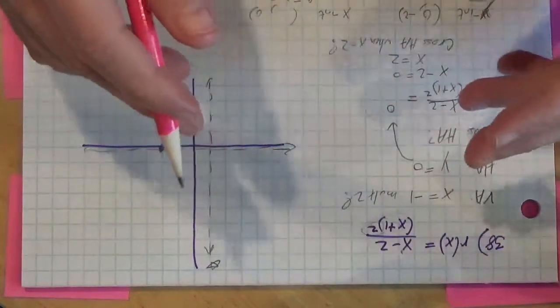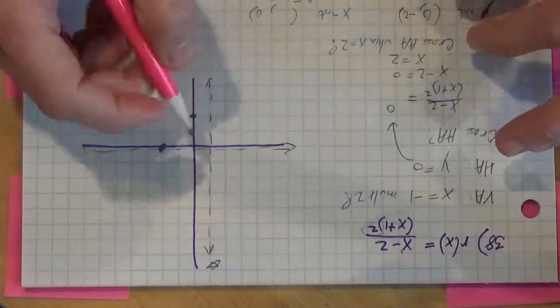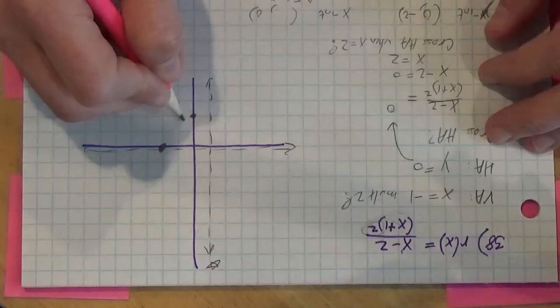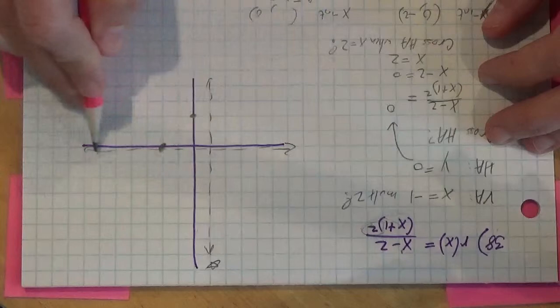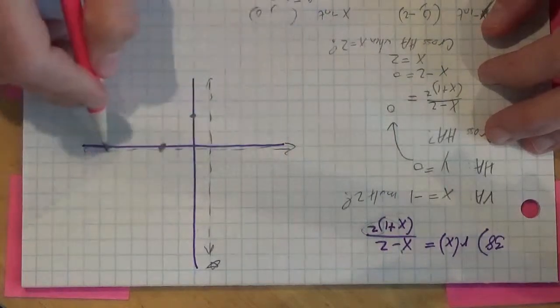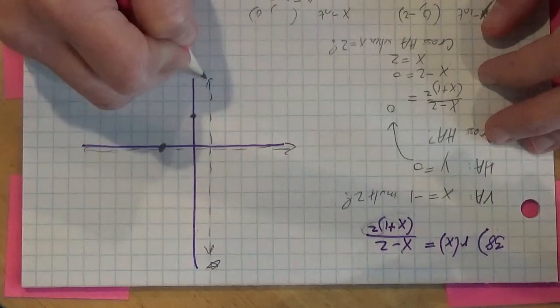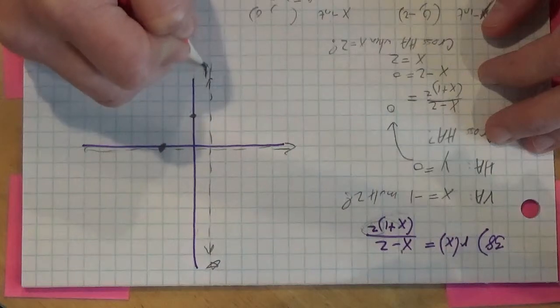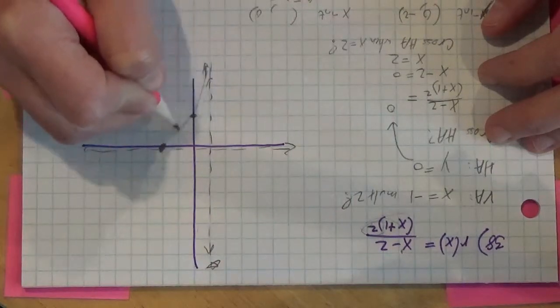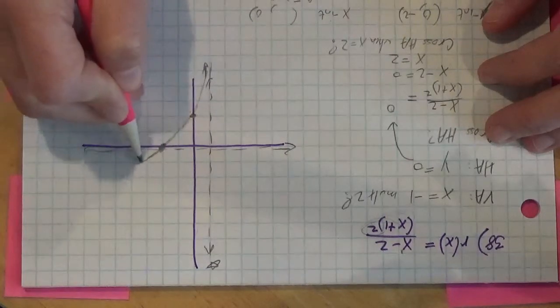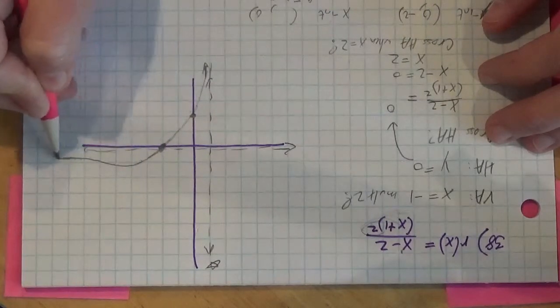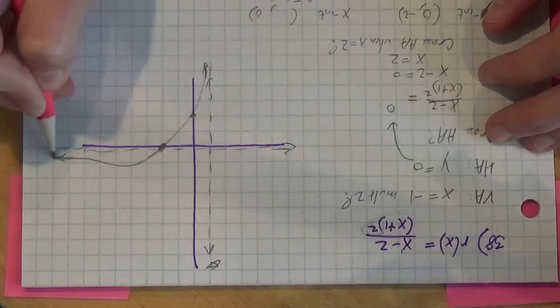So what I mean by that is I've got a couple points to get me started, and since I'm down here, and I know that this is the only place where I can cross this asymptote, I can safely say that I'm going to come down here, hug my asymptote there, go through, cross through there, and then come back down to hug the asymptote.